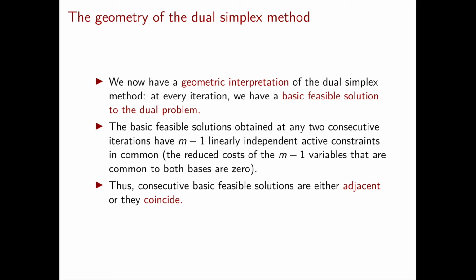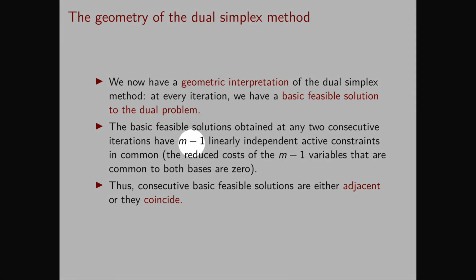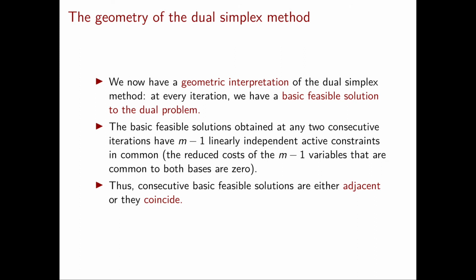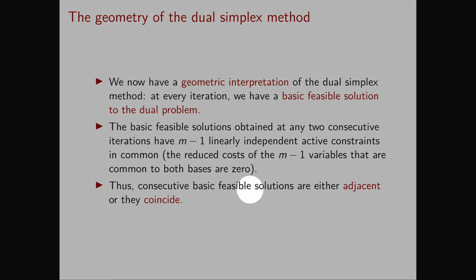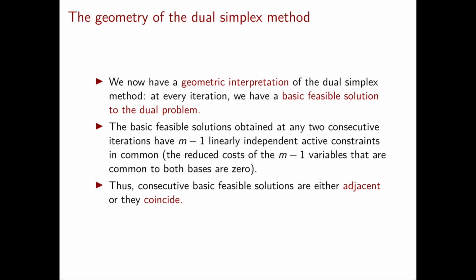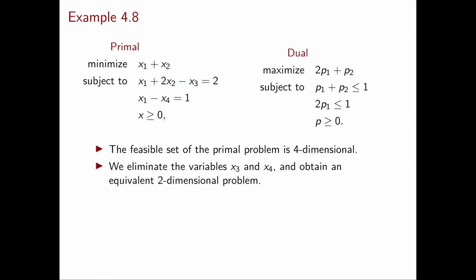In these two consecutive iterations we have m-1 linearly independent active constraints in common. This is because in our basis matrix B we change only one column. This implies that in our two consecutive iterations the basic feasible solutions to the dual are either adjacent or they coincide. Let's see now an example to visualize this concept.